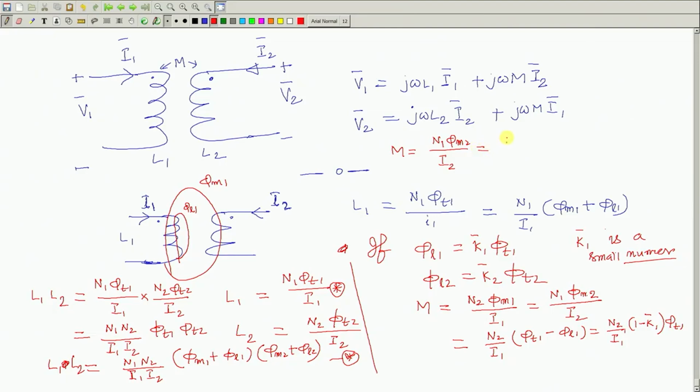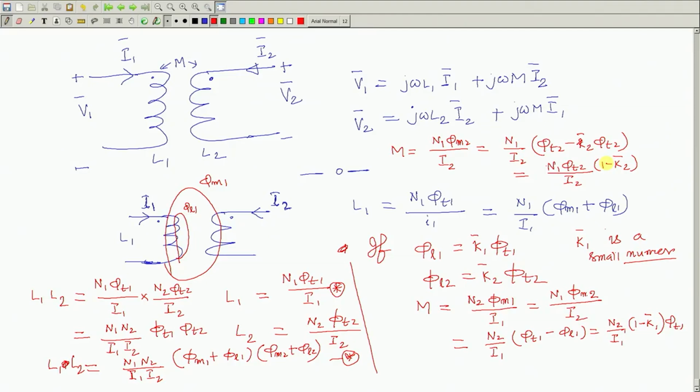This can be written as N1 by I2, and phi M2 is the total flux phi T2 minus the leakage flux, which is a fraction of phi T2. This will be equal to N1 phi T2 divided by I2 into 1 minus K2 bar.